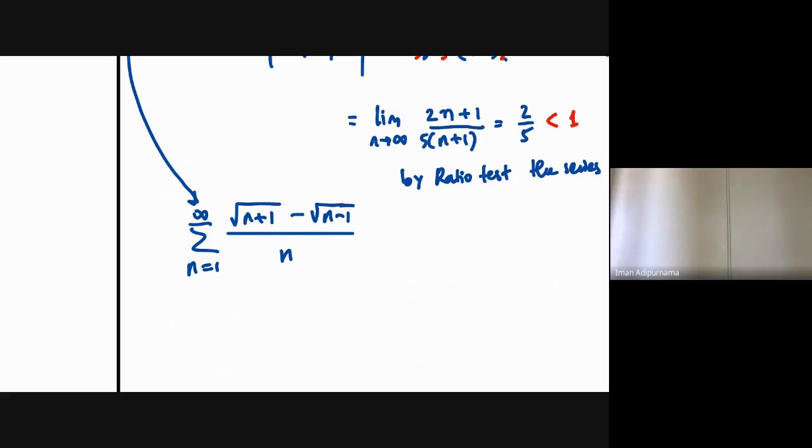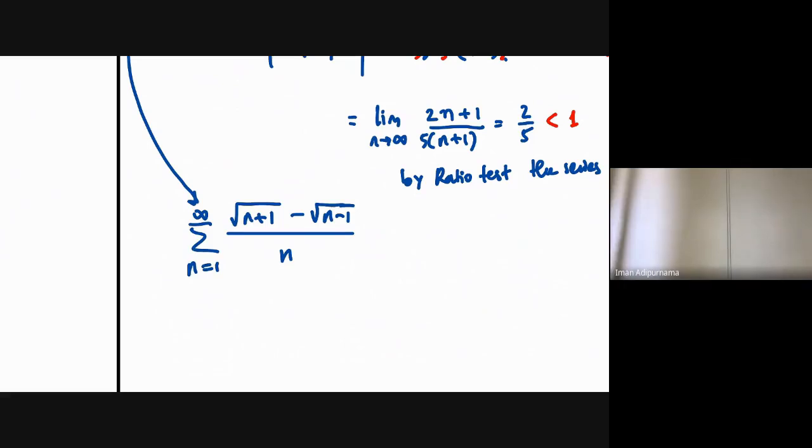The thing is, you have square root of n plus 1 minus square root of n minus 1 divided by n. If you see any fractions like this, one possible method is to try to compare, right? Comparison test.